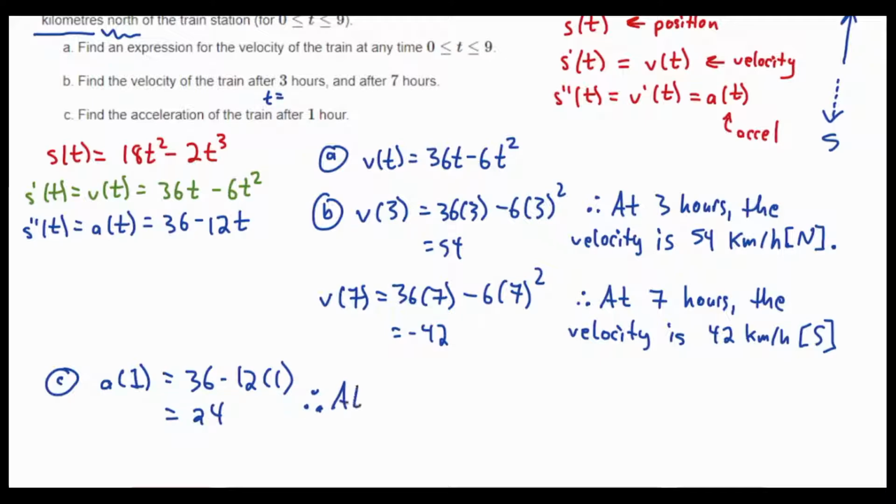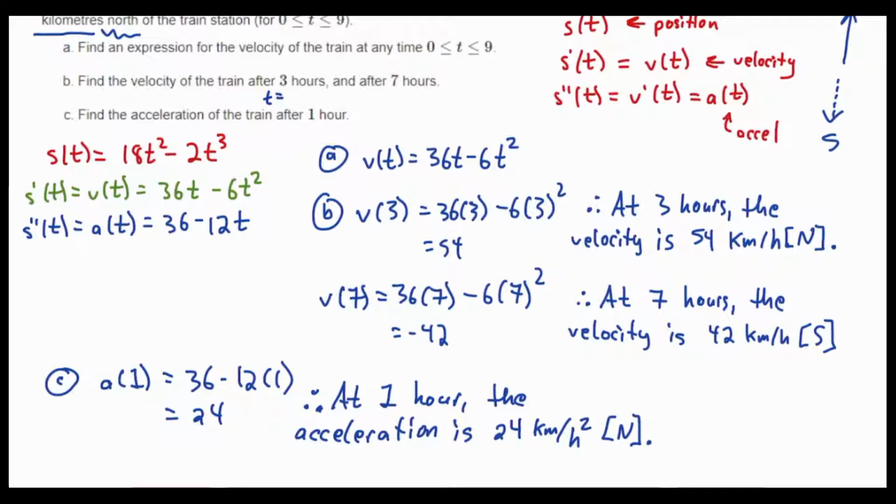Therefore, at 1 hour, the acceleration is 24 kilometers per hour squared. And once again, do we know direction? I think we can say north, because it's positive acceleration, so it's heading in the positive direction, which we defined as north.